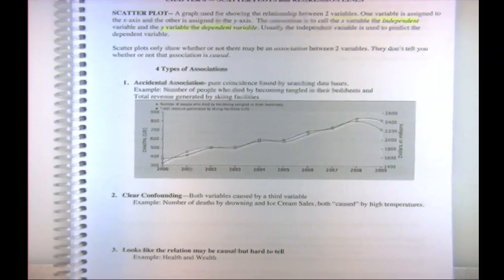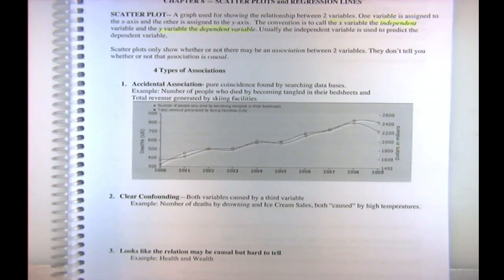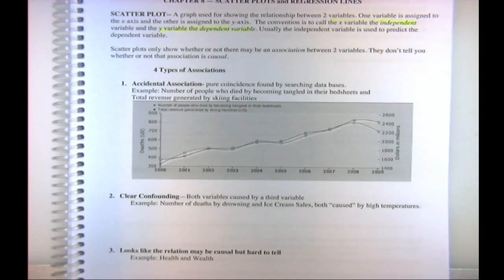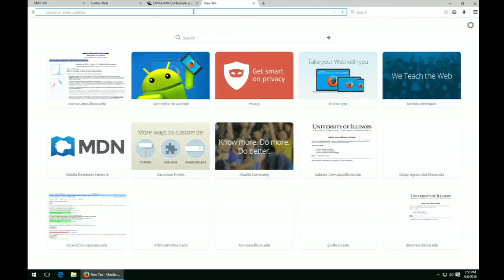Now, there's a fun video that I'd like to take a little break for. I think we have enough time. It's just a 5-minute video on correlation and causation, and it's on YouTube.